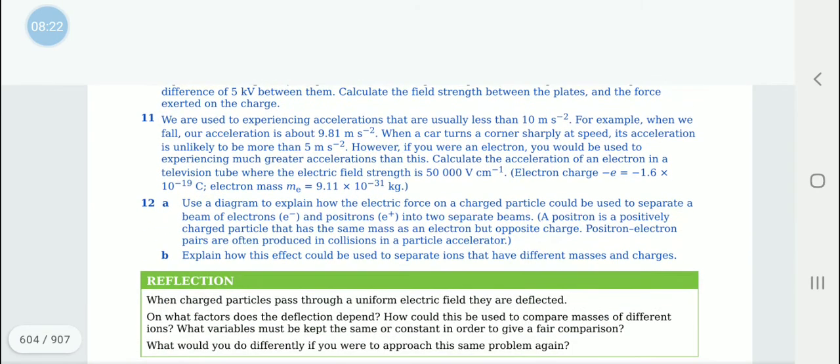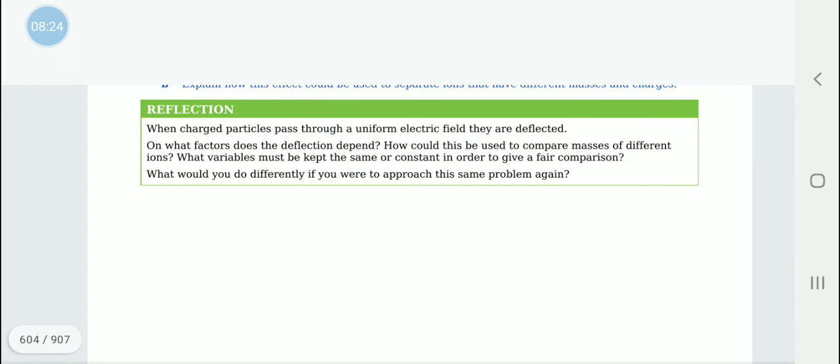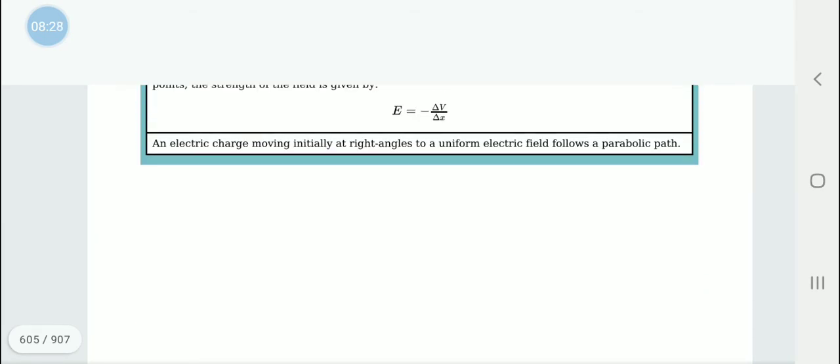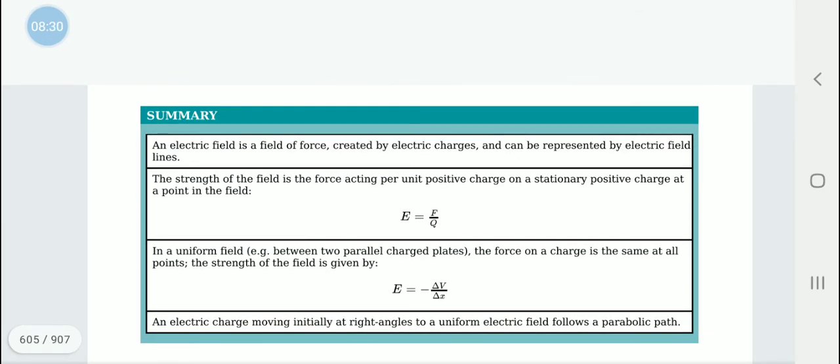Then please do questions 9 to 12, and after you are done with it, please do the end-of-chapter questions. There are many equations that we learned here.